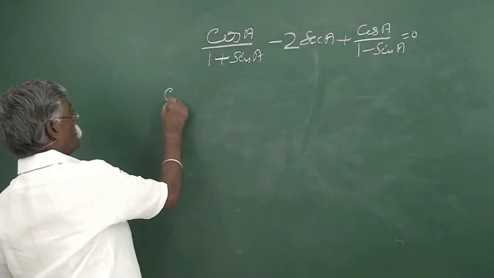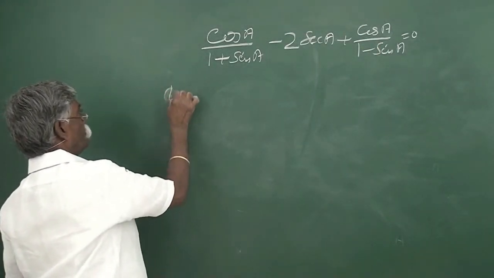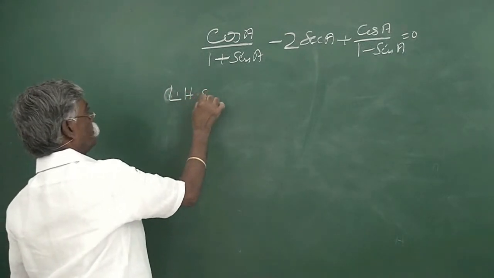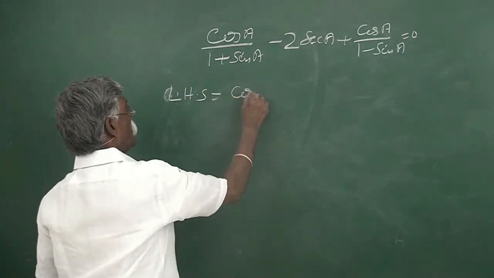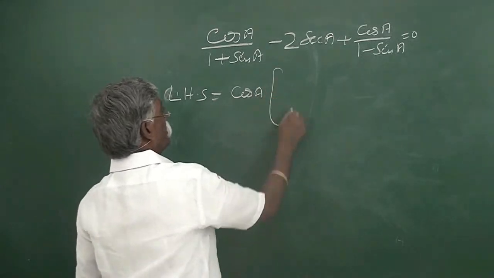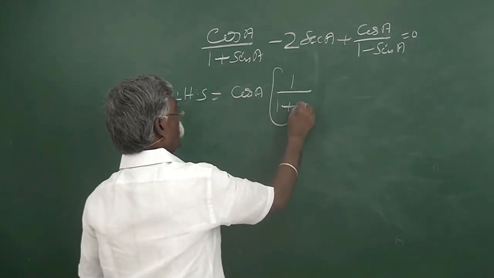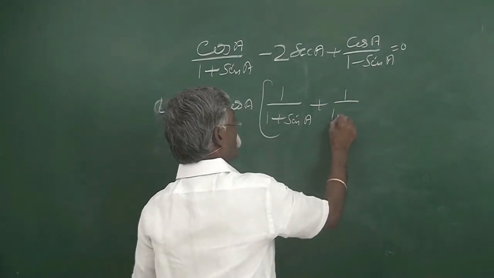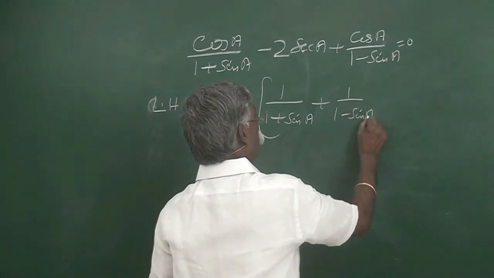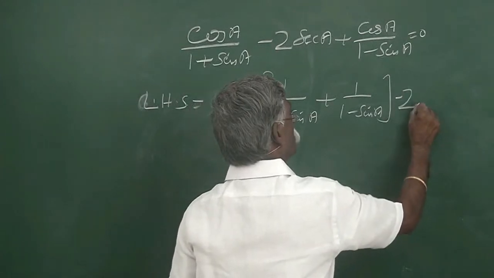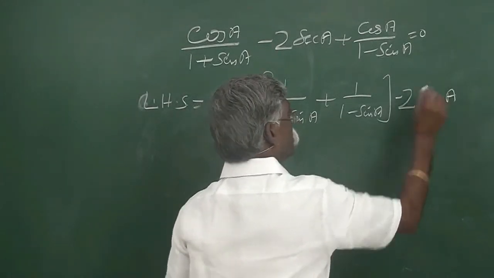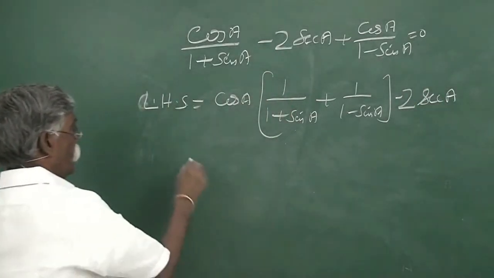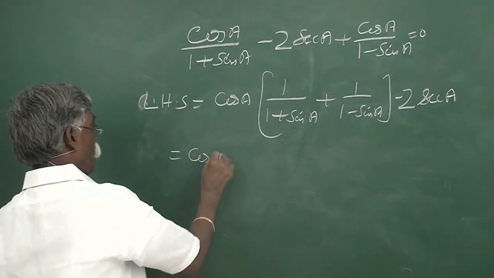So, therefore, LHS equals cos A is common. This is 1 by 1 plus sin A plus 1 by 1 minus sin A minus 2 secant A. And this is cos A.